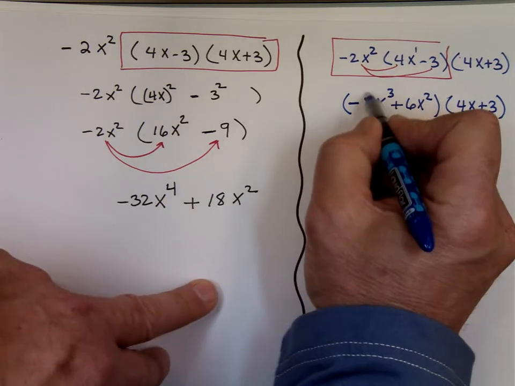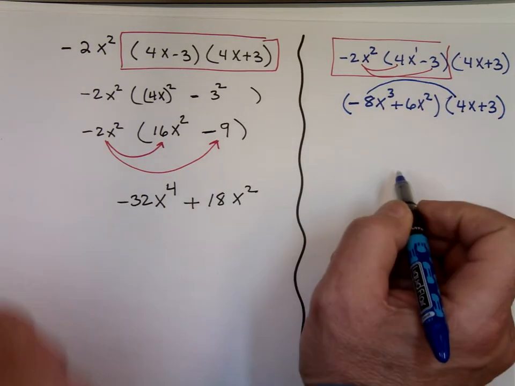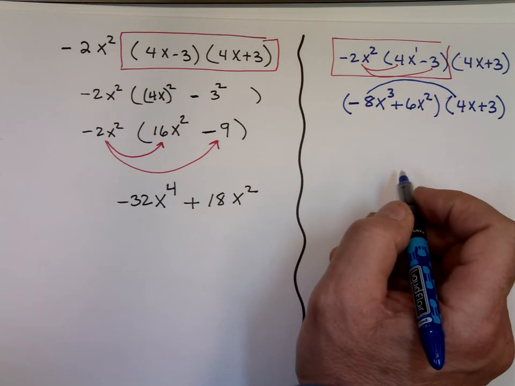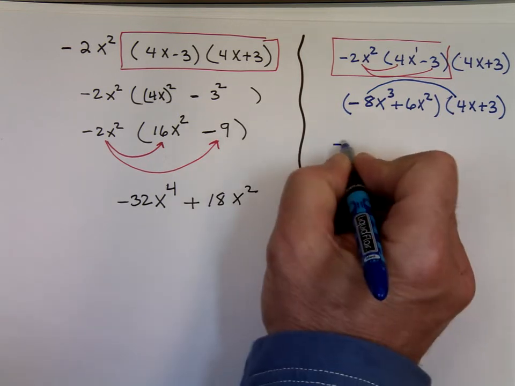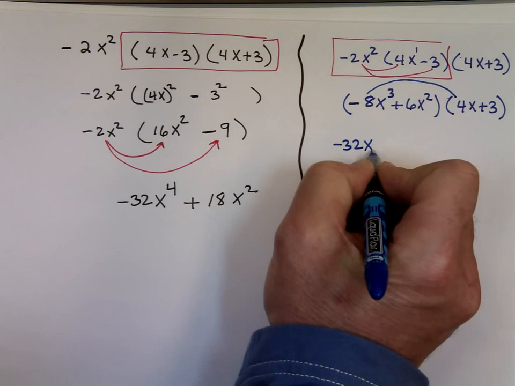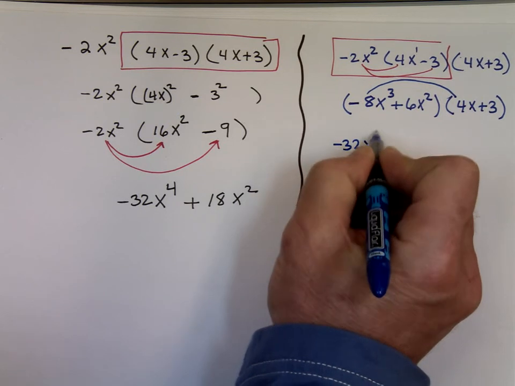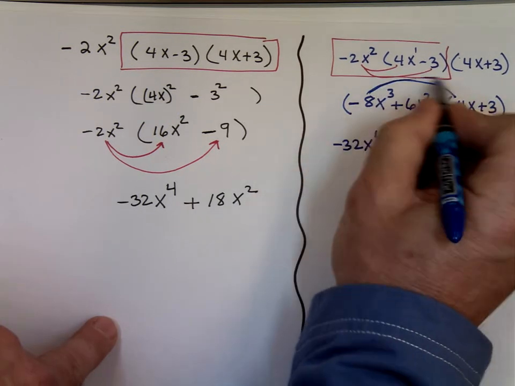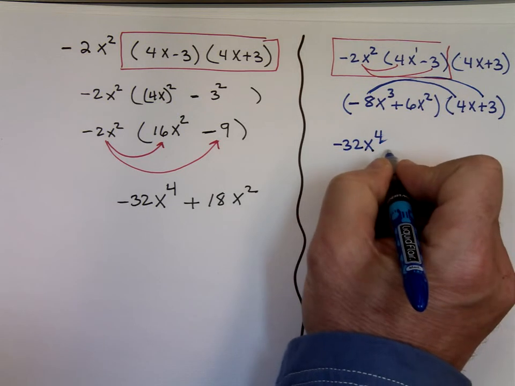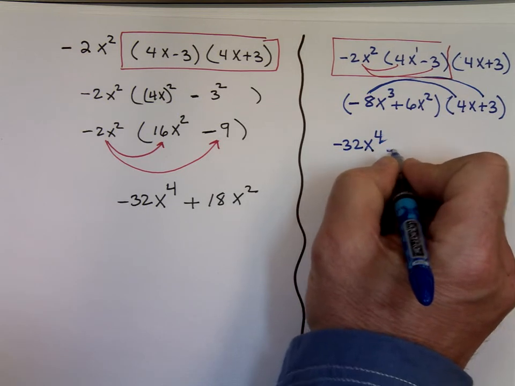And what is that? Negative 32. X to what power? Fourth. And then 24x to the third.